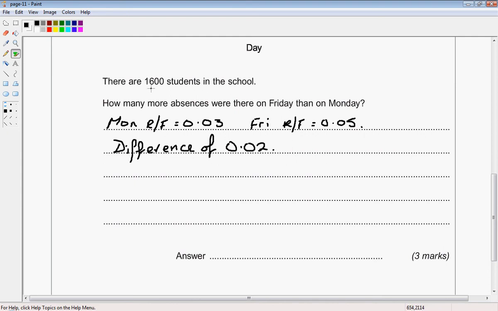So all I need to do now is multiply 1,600 by 0.02. So the difference equals 1,600 multiplied by 0.02.